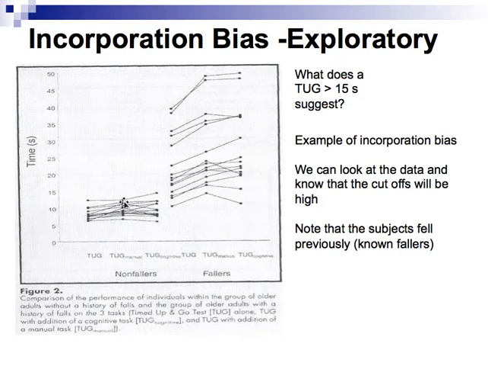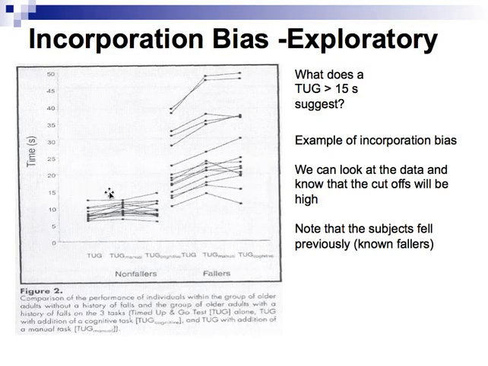Essentially what they're doing here is trying to come up with a cutoff for this test. And we can see in this particular case it's both a case control study and it's exploratory, because they don't really know what value to use to distinguish the fallers from the non-fallers. If we drew a line here at 15 seconds, basically all of these people would correctly be identified as fallers, and these people to the left would be identified as non-fallers.